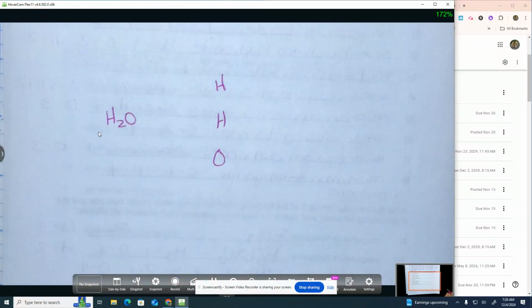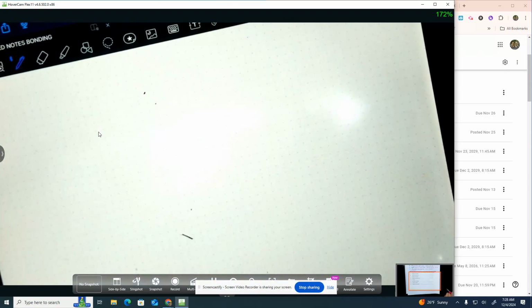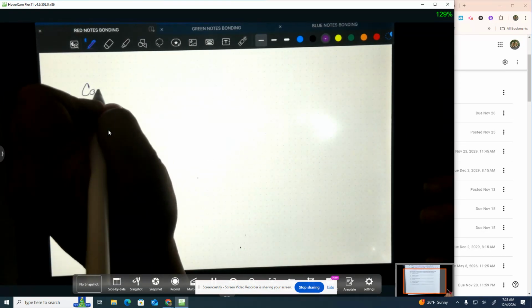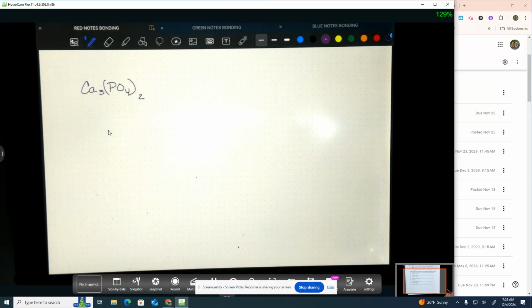I like drawing on this one because then I have a record of what happens here. Give me my pen. So if I have 1 mole of, I don't know, calcium phosphate. First question. How many moles of calcium phosphate do I have? 1.